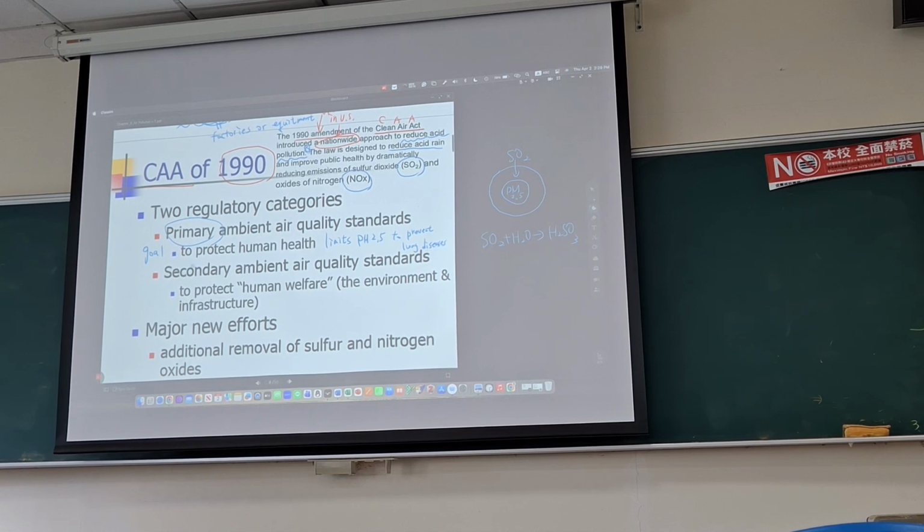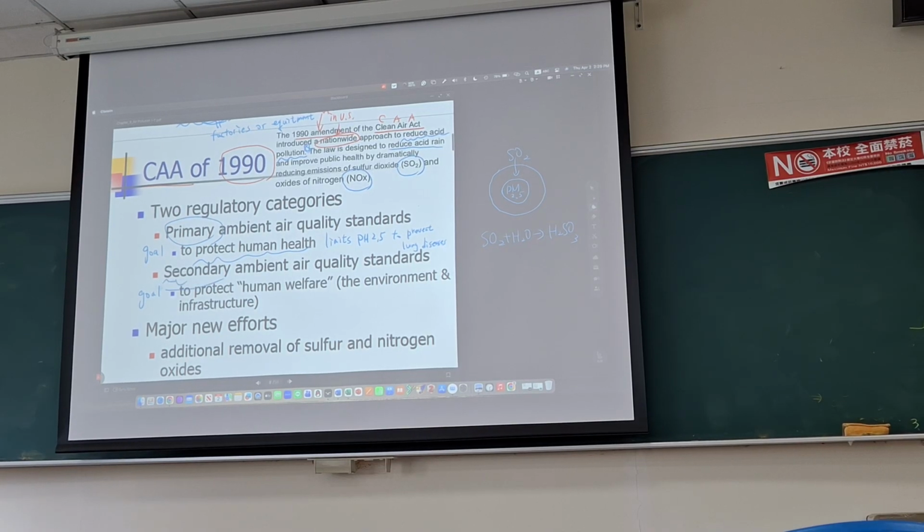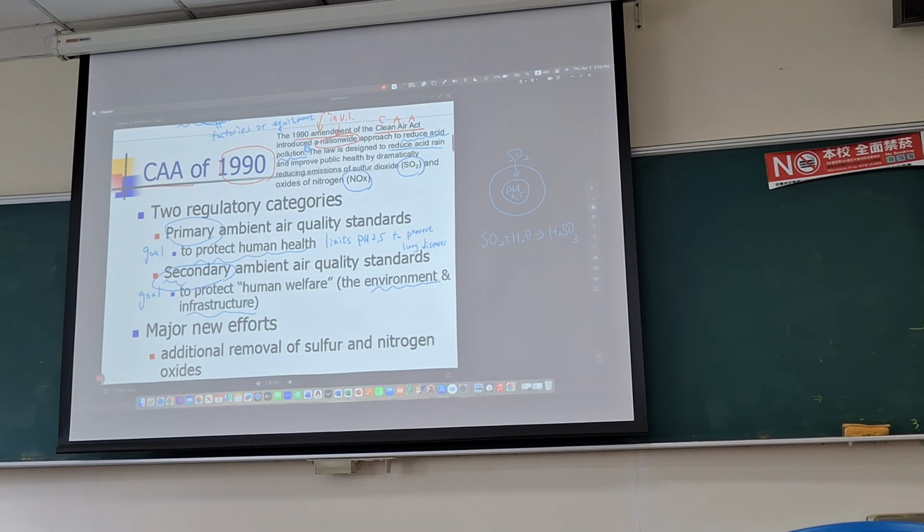And the secondary standard: the goal for the secondary standard is to protect human welfare, including the environment and infrastructures, such as buildings, statues, those historic statues.